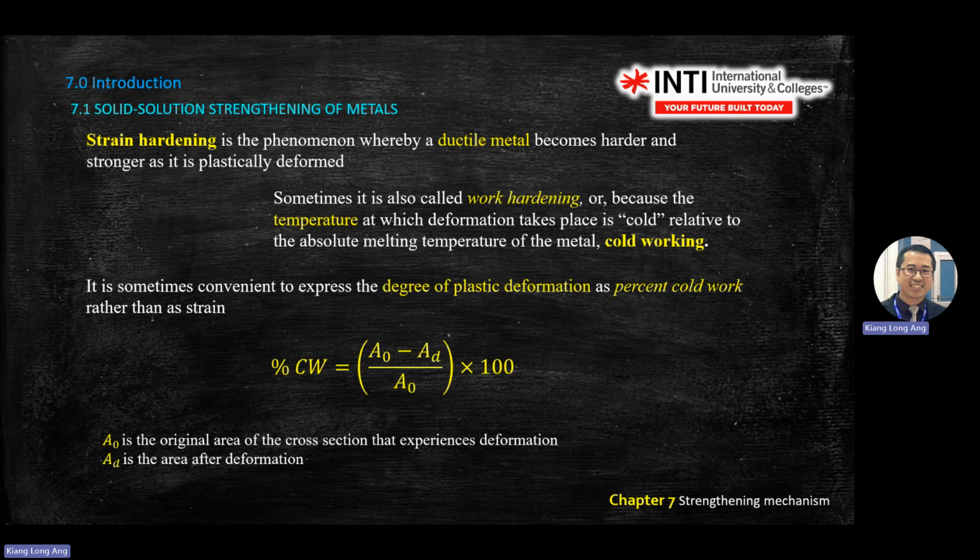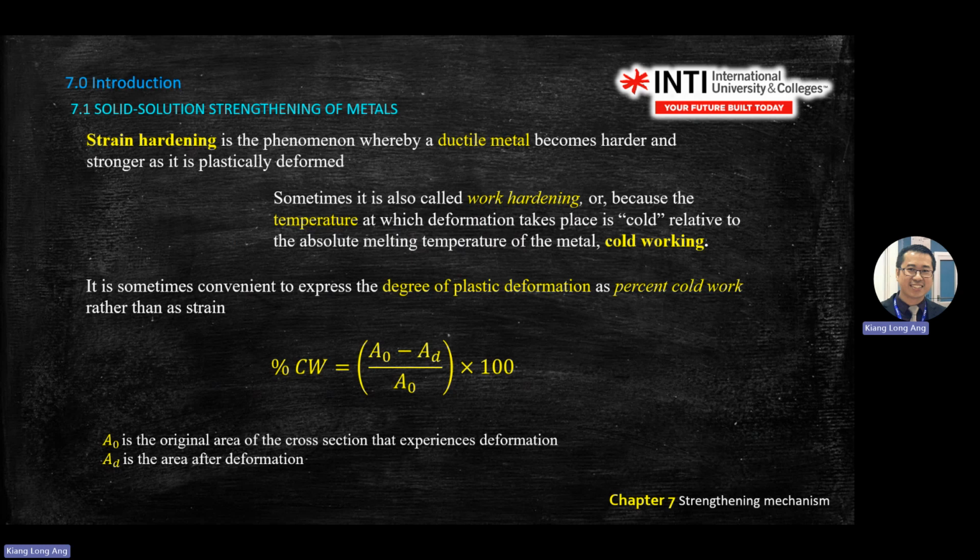Okay. Then we have one equation for today. It's called percentage of cold working. Take the change of area divided by the original area times 100%. You look back at the recording. So we are actually at half of the chapter already, and this one will come out in your test too.